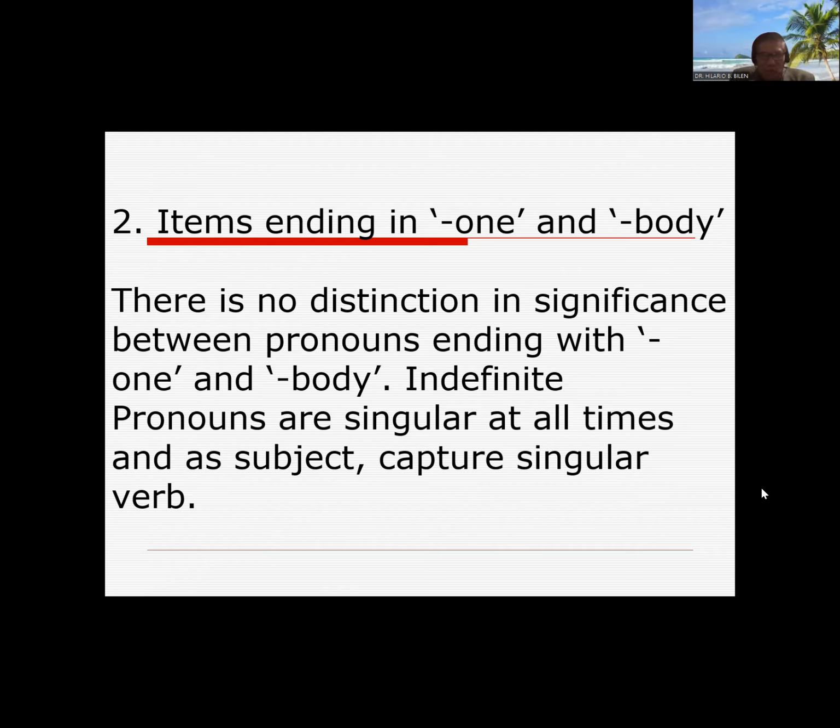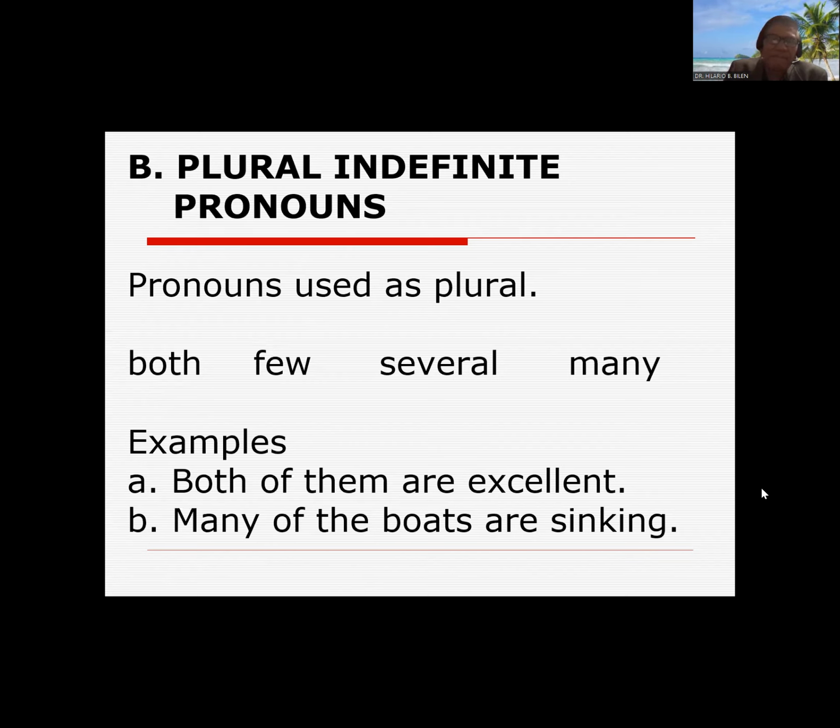So indefinite pronouns are singular at all times. Don't forget the word at all times. And a subject takes a singular verb. Okay. Now, I hope you're following me, please, because this is important.